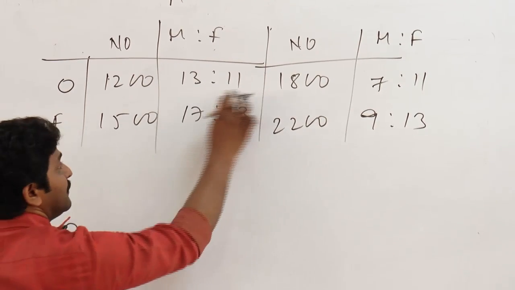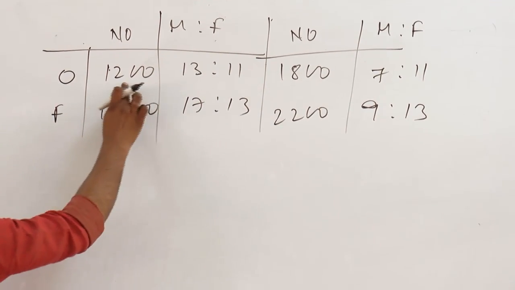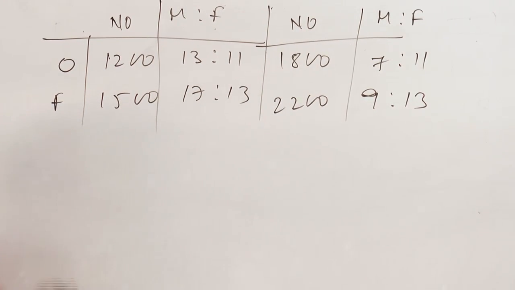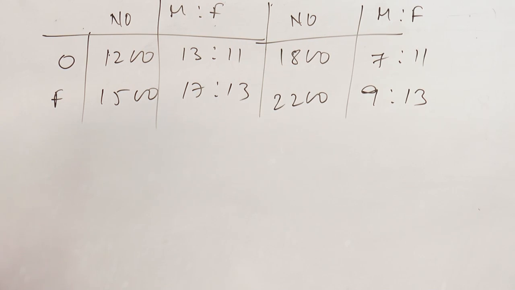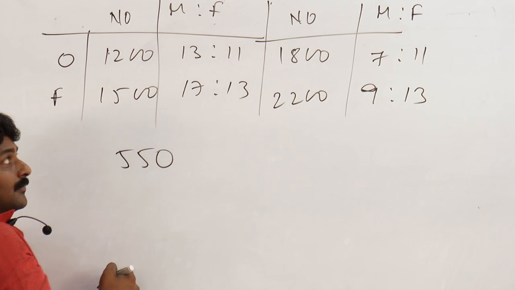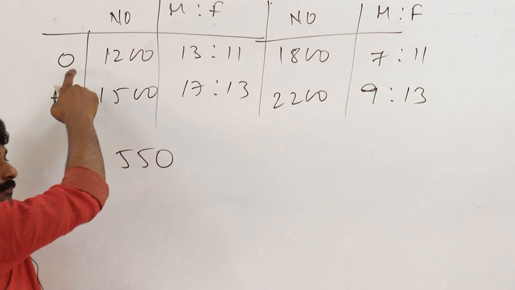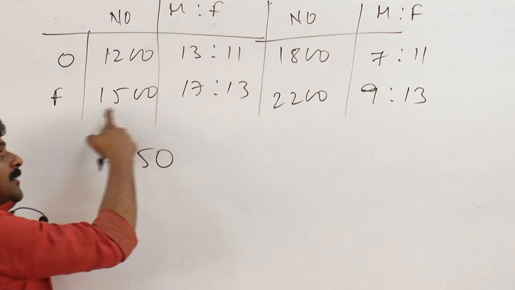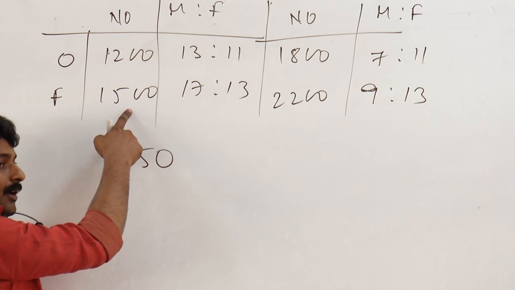How many parts do we have? 24. Half of that number into 100. Female are 11 parts. Half of 11 is 5.5 into 100, 550. Female managers from operations. How many parts do we have? 30. Half into 100.